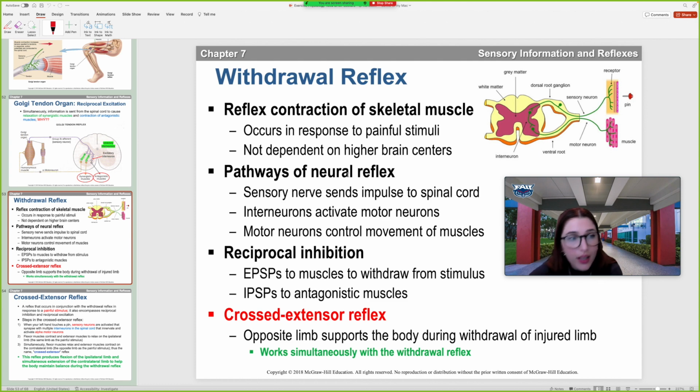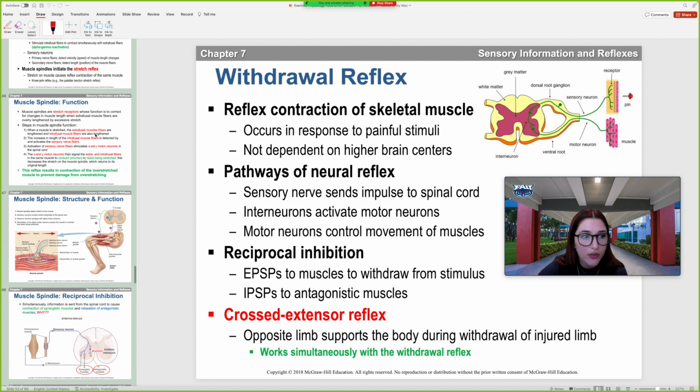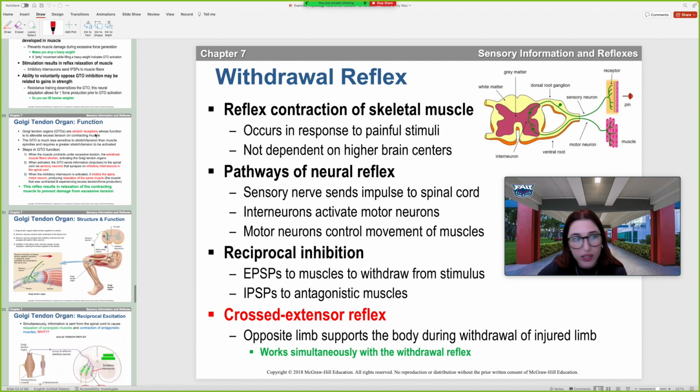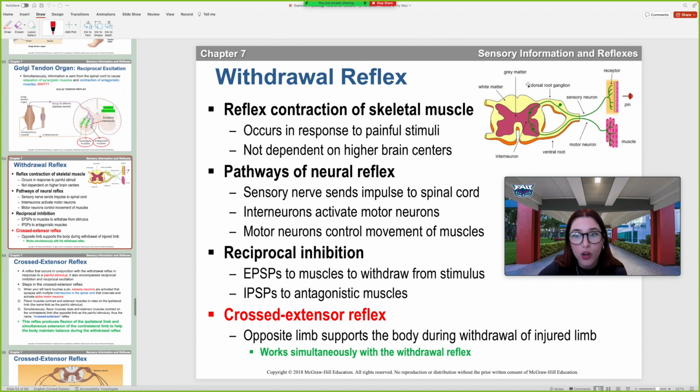Okay, and by the way, the GTO and the muscle spindle, these are reflexes, right? The stretch reflex, the GTO, the withdrawal reflex, these are all happening in the spinal cord, okay? We don't really need the higher brain centers for these reflexes to happen. And there it is. There's the bullet point that exactly says that.